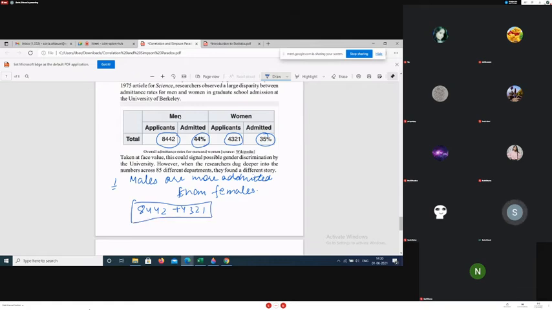Just by looking at this and this percentage, they simply concluded that more males got selected or admitted in the University of Berkeley than females. But after that they further did the study for different departments, 85 departments, and after that study they got a different version of analysis.